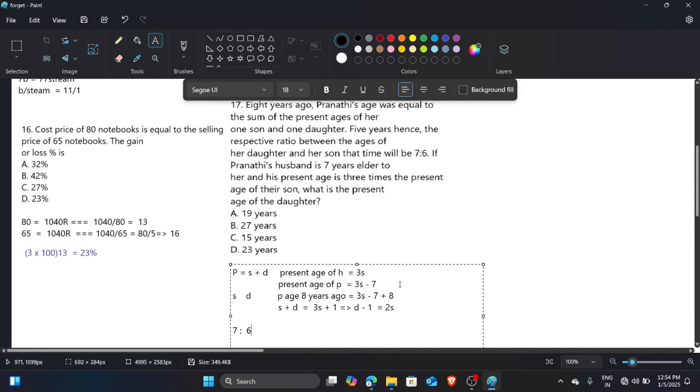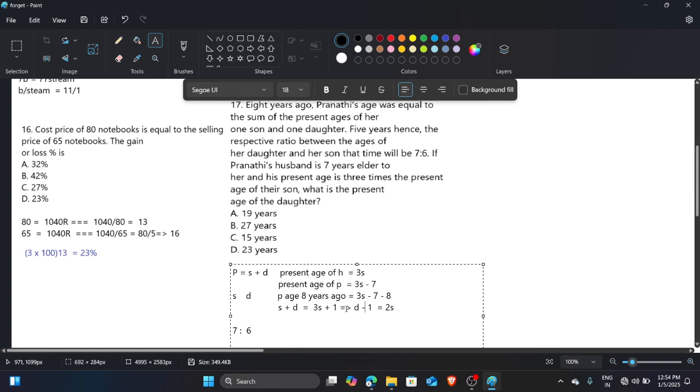But now they are talking about 8 years ago, it means we have to subtract 8.